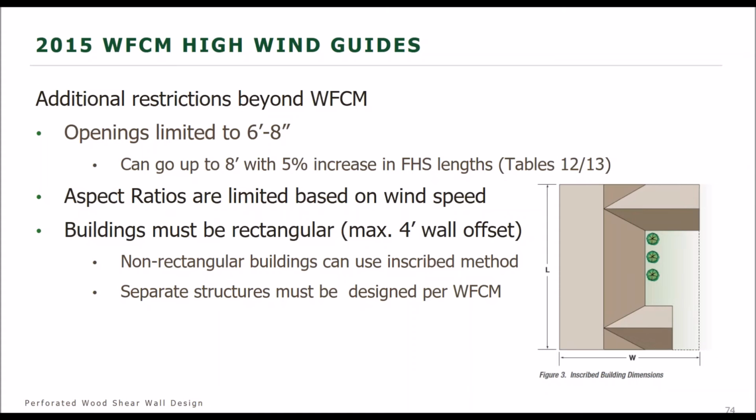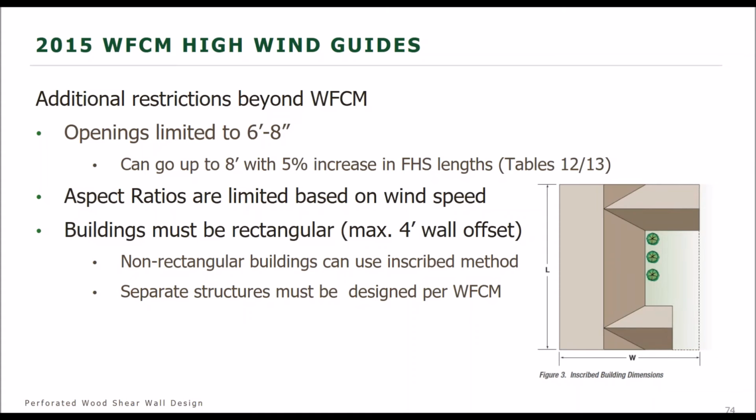The aspect ratios are limited based on the wind speed. So we're going to look at the aspect ratio limits for 140 miles per hour exposure B in this example. But be aware that it does vary with the wind speed. So if you are using, for example, the 160 mile per hour exposure C document, you'll see that the aspect ratio, and that's of the entire structure, not of the shear wall, but of the actual structure, the length and the width, is going to be limited.